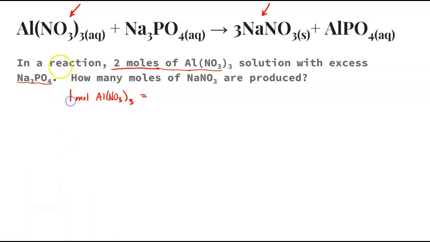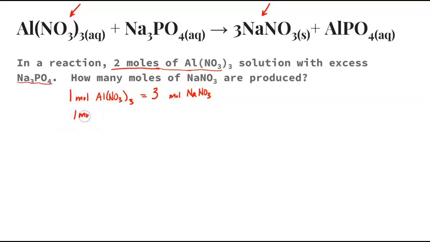My chemical equation tells me for every 1 mole of aluminum nitrate, I will produce 3 moles of sodium nitrate. So the next step is creating those conversion factors.